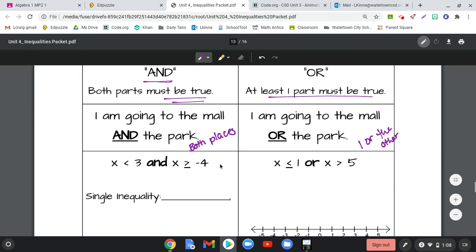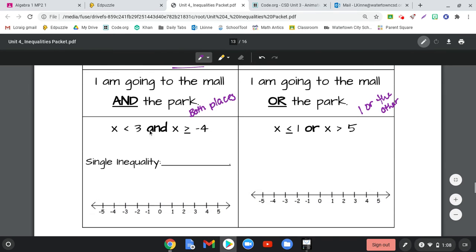All right, so as we relate it to an inequality, if I say all your x's have to be less than 3 and they have to be greater than or equal to -4, if I graph that on the number line, let's start with x is less than 3. And I'm not going to shade it all the way. So x is less than 3, and I'm going to shade this way. Just going to start it. And my x's have to be greater than or equal to -4.